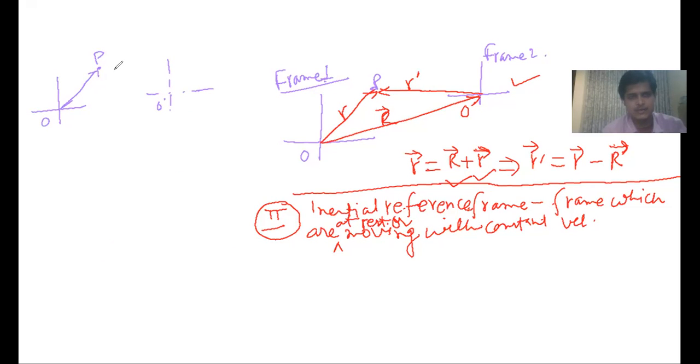Suppose P is there. So this will be my R vector. Now this will be some other vector, so I can write it as R1 vector. And suppose this frame is also moving with a constant velocity. Suppose this frame is moving with a constant velocity V naught.